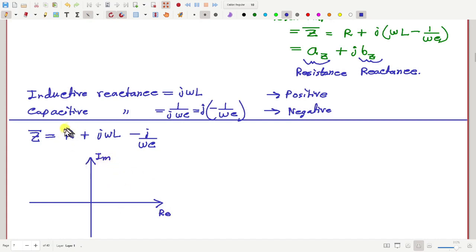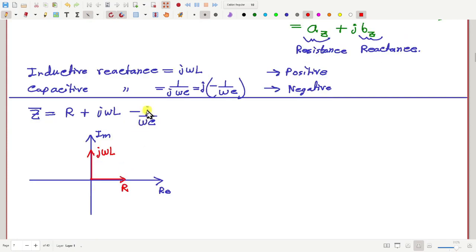Then R is a purely real number, so we can draw it like this. This is R. Then j omega L is a purely imaginary number with the imaginary part being positive, so this will represent j omega L, and minus j by omega C will be a number downwards.